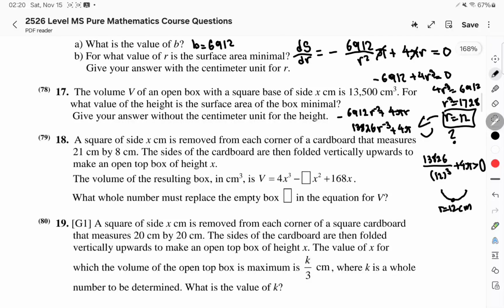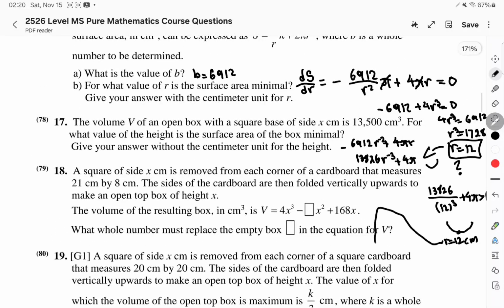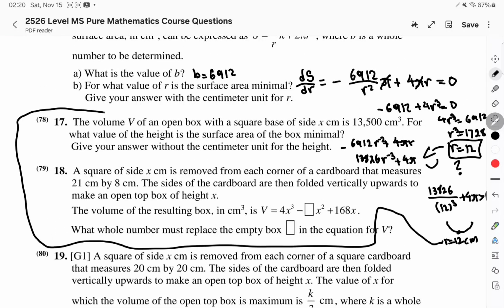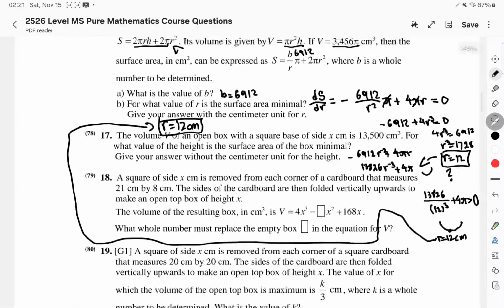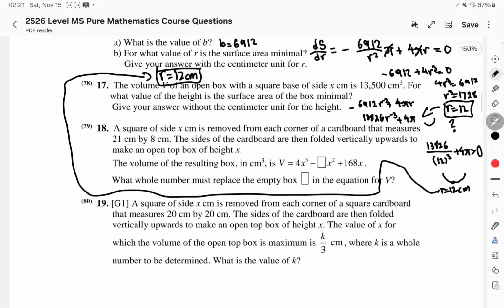Wait, sorry, wrong question, to go all the way back up there. Yeah, they still want r equals 12 centimeters. Here you go. So r equals 12 centimeters over here.